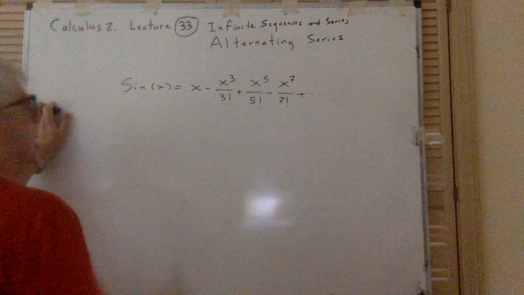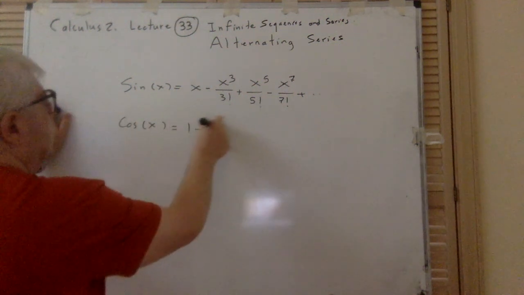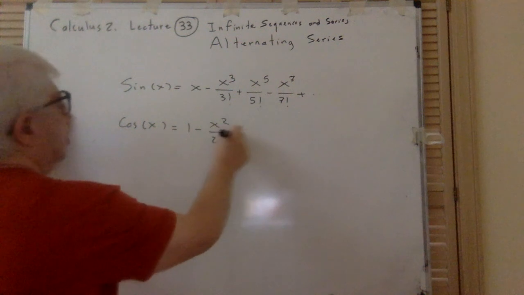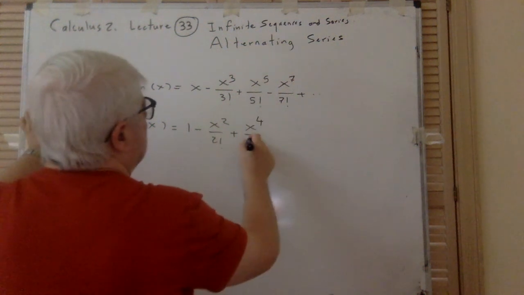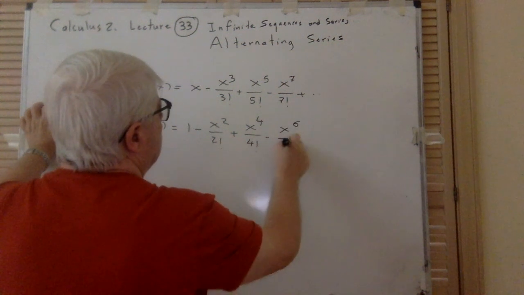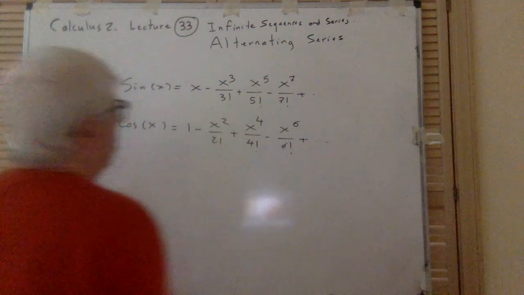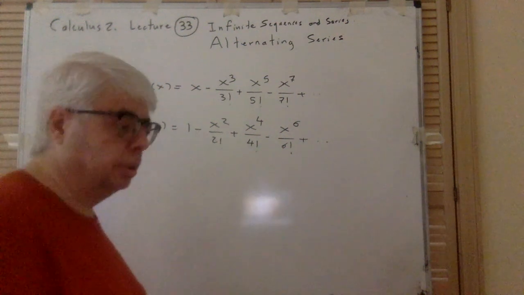So that's alternating. Cosine x is in fact alternating: 1 minus x squared over 2 factorial plus x to the 4 over 4 factorial minus x to the 6 over 6 factorial, and plus minus. So these are alternating, but e to the power x is not alternating. So there are in fact amazingly nice alternating series.